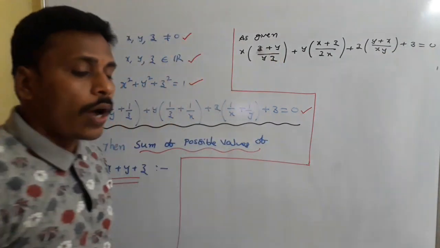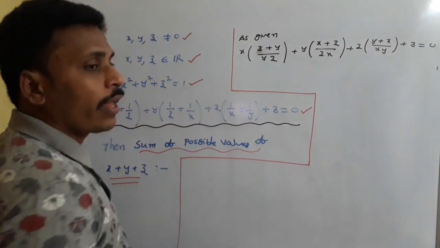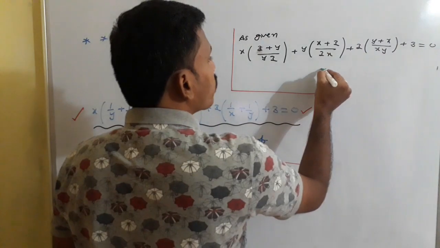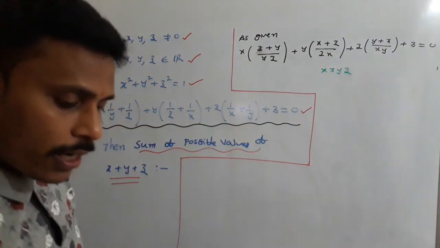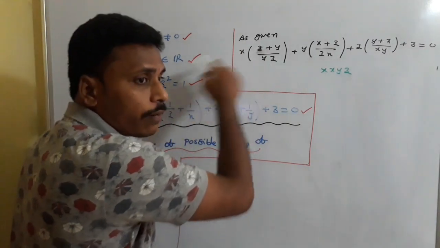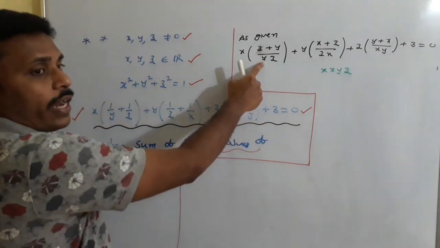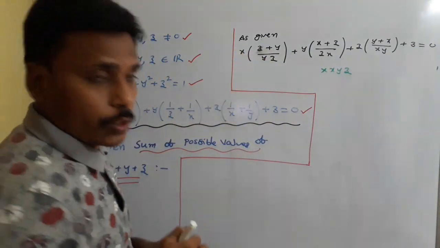Now just multiply everything with xyz. If you multiply the first term with xyz, the denominator yz gets cancelled with yz, and x into x becomes x square.